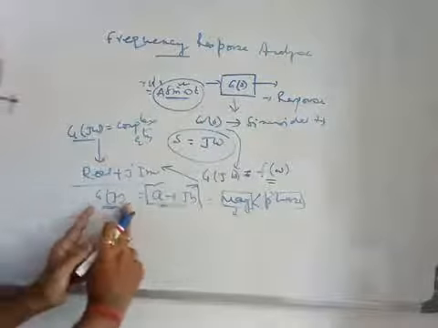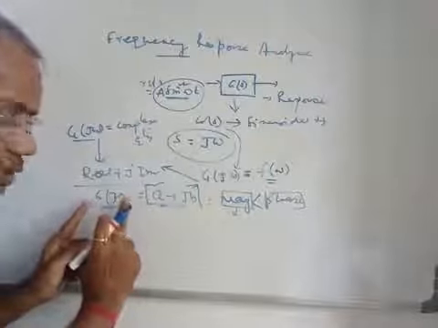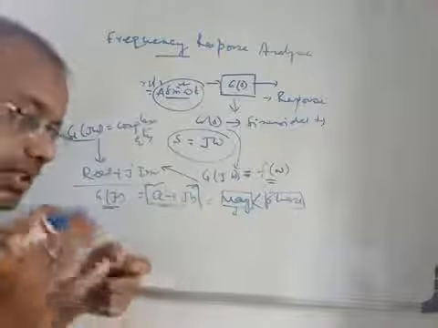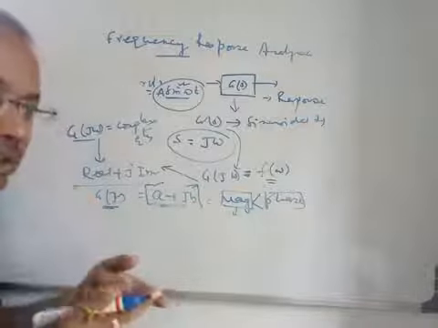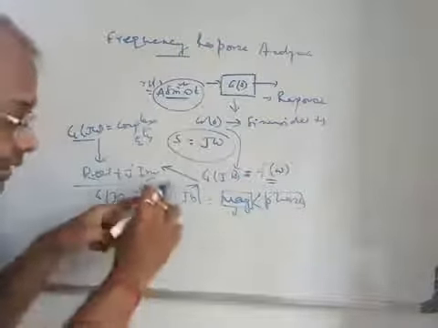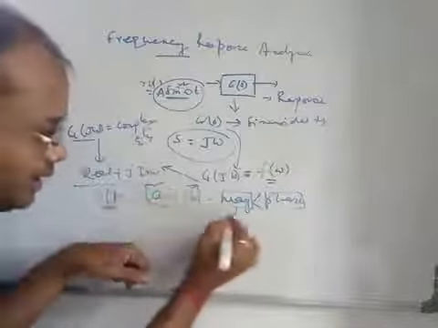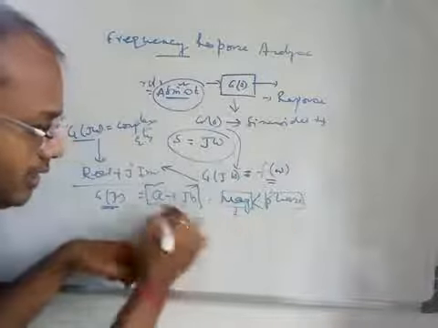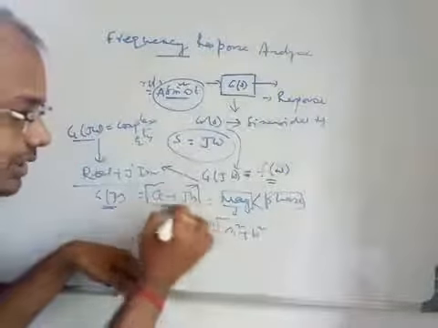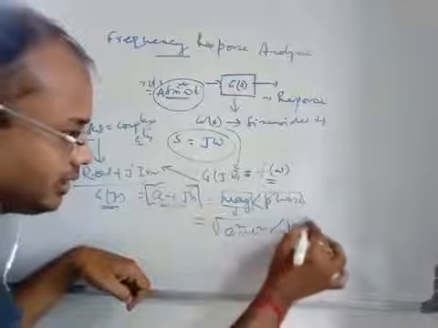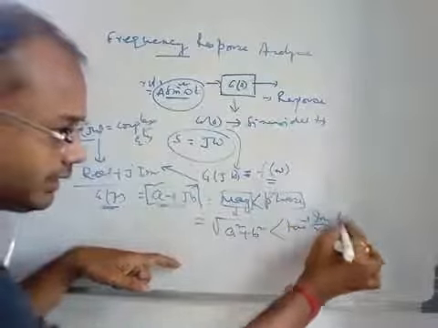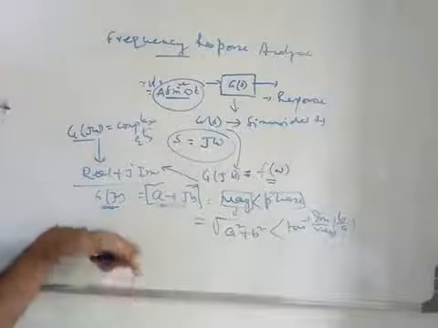Any transfer function expressed in the frequency domain, that is, the sinusoidal transfer function, must be written in the form of real and imaginary parts. Maybe the real part is 0, but there must be an imaginary part. This real plus imaginary form means it will have a magnitude and a phase. The magnitude is the square root of a square plus b square, and the phase is tan inverse of imaginary by real, that is, tan inverse b by a.